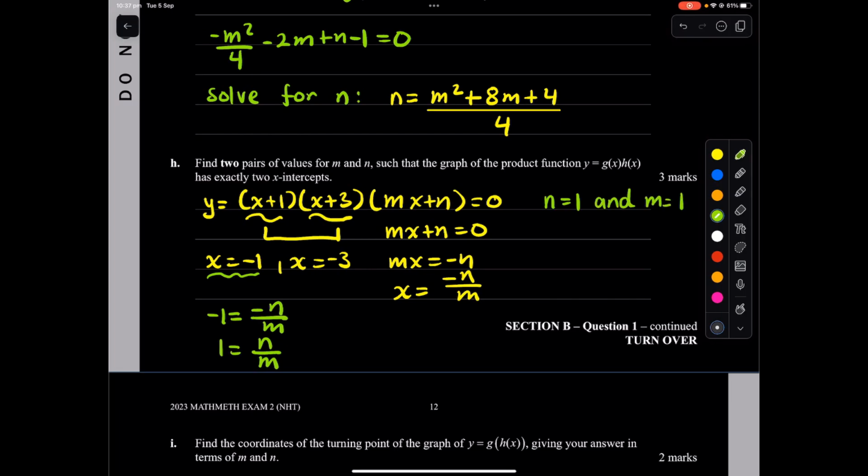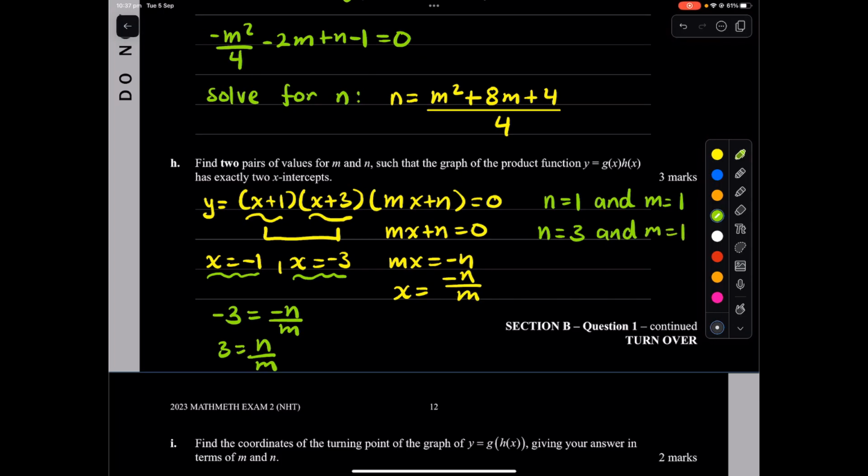Let's do it for the next one, which is negative 3. So negative n over m equals negative 3, so 3 is n over m. So we can say n is equal to 3 and m is equal to 1.